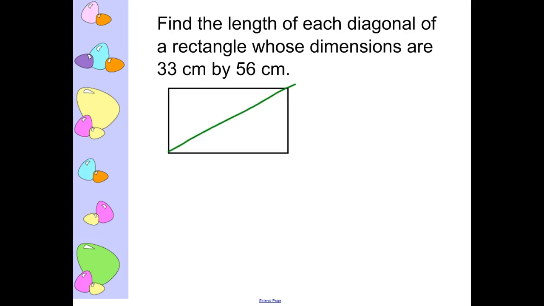It cuts my rectangle into two right triangles, and that diagonal is actually the hypotenuse of my right triangle. So we're solving for C, and my dimensions are 33 by 56. We can just use Pythagorean theorem to solve.